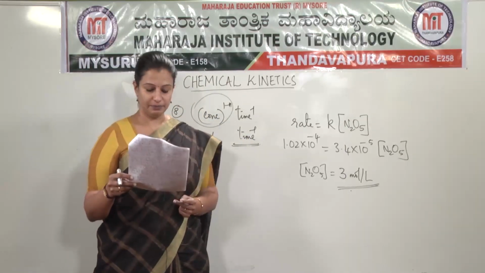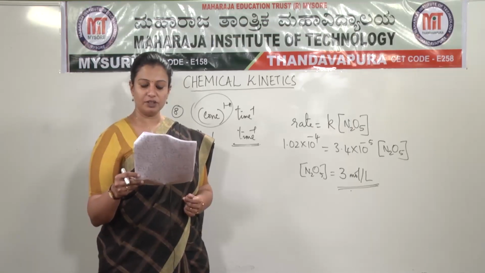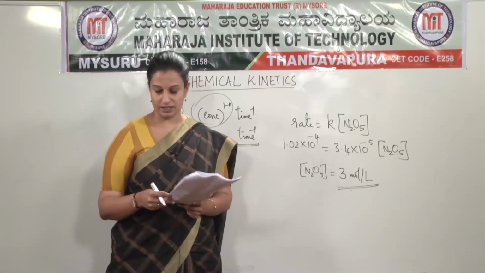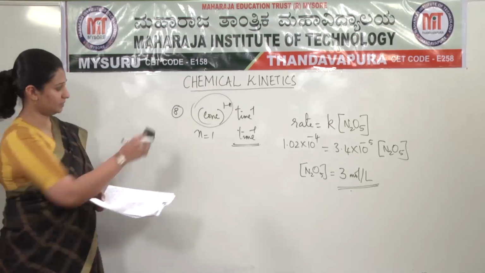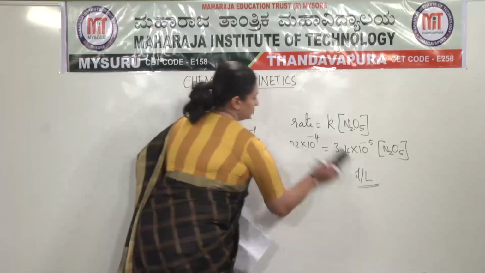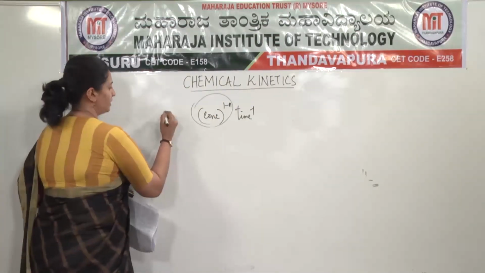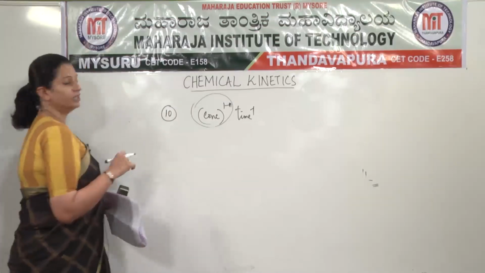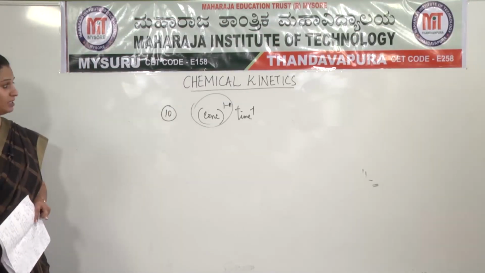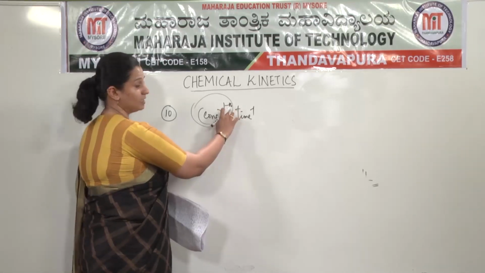In question number 10, again, unit of rate constant. So the unit of rate constant for a zero order reaction is being asked. Reminding you once again, this is how you have the general unit for K. The general unit for K is concentration raised to 1 minus n time inverse, where n is the order.